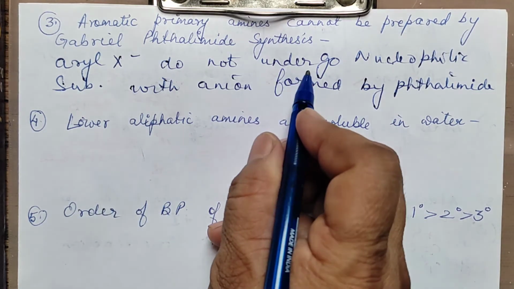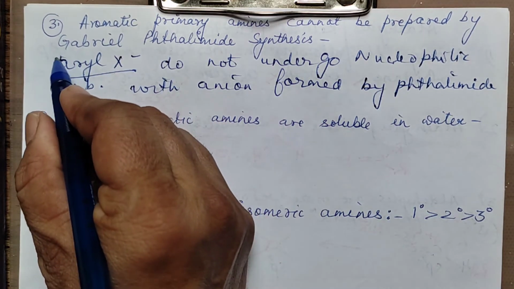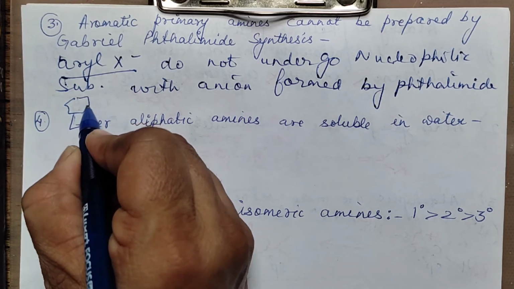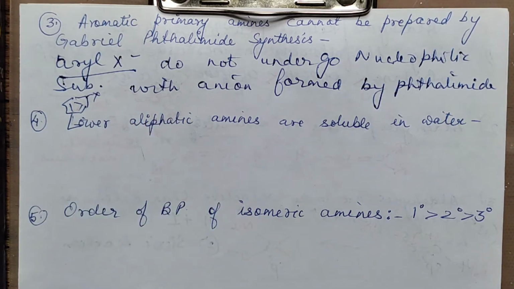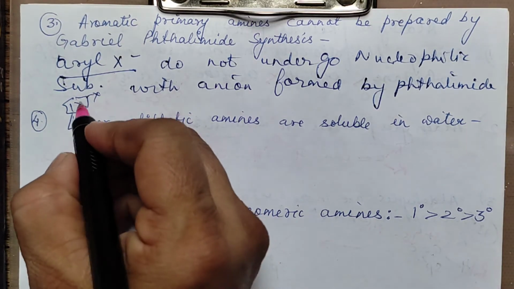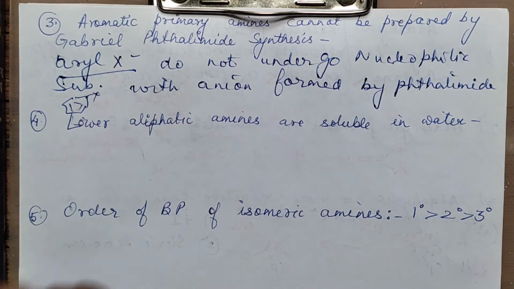Why can it not undergo? Because you know what an aryl halide is. When you draw the resonating structures, this carbon and halogen will have a double bond.